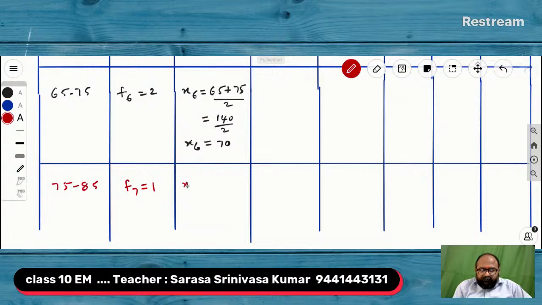Now x7 equals upper limit plus lower limit by 2. I can write it 75 plus 85 by 2. This is equal to 160 by 2. Therefore, it is 80. x7 equals 80.